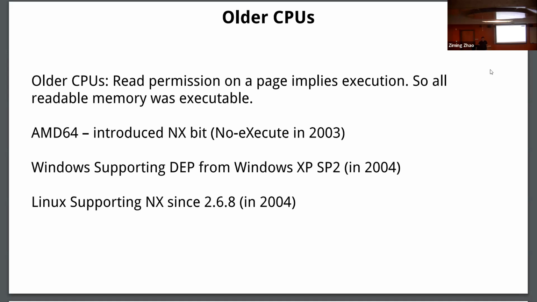So now we have read-write-execute. Then we even have memory regions that are only executable, not readable. Before, we only had everything readable. If it's readable, it's executable. Later we have readable and executable. Now we have memory regions that are only executable.